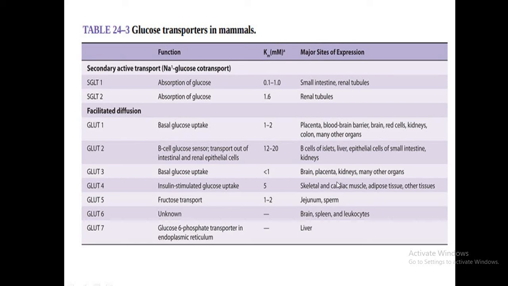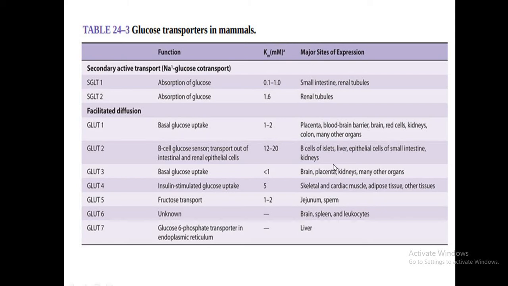It's found in skeletal, cardiac, adipose tissue and other tissues. GLUT2 is the beta cell glucose sensor. So it's found in beta cells of islets, liver, epithelial cells, kidneys, etc. GLUT1 and GLUT3 are responsible for the basal glucose uptake.